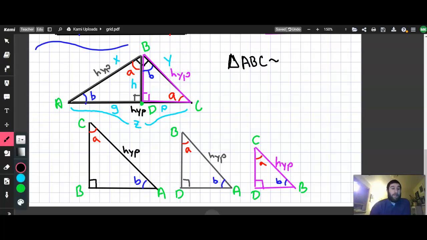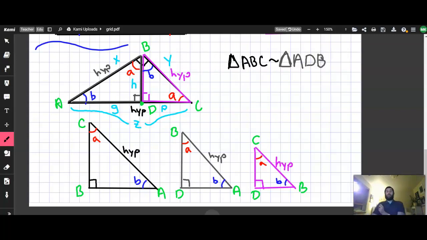And that's going to be similar to, in the gray triangle, A matches up with A, B matches up with D, and then C matches up with B.